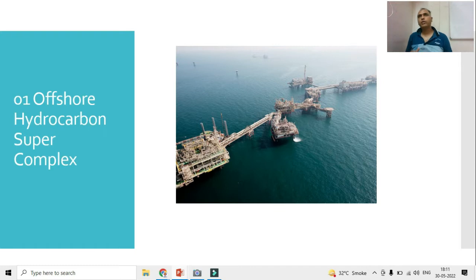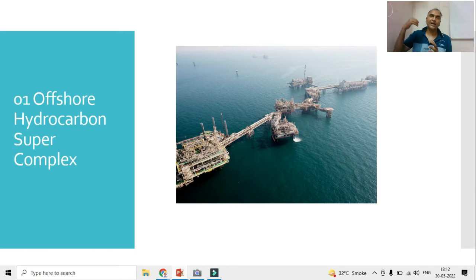Suppose there are 10 or 20 wellhead towers. All of these wellhead towers will transfer the hydrocarbon to a common platform, which is called a riser platform, and that riser platform will carry a big line, a big subsea pipeline.